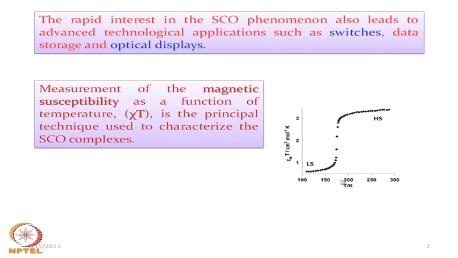So, chi-mT against temperature. What we will find is that at low temperature, this is the axis where the magnetic moment can increase.